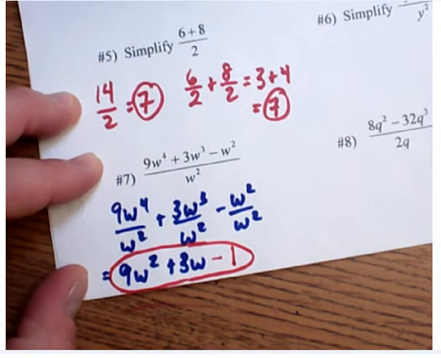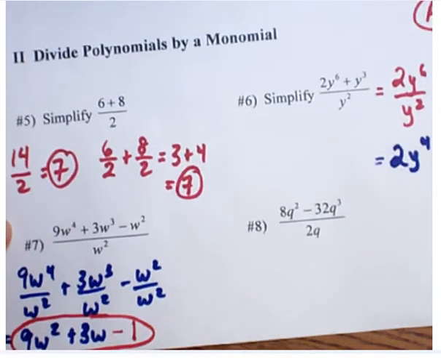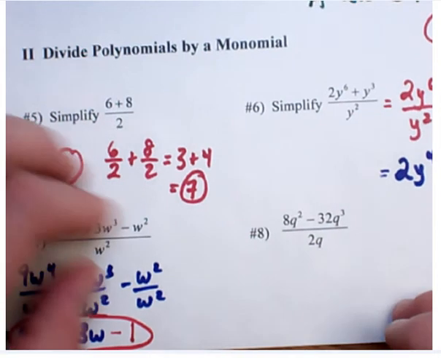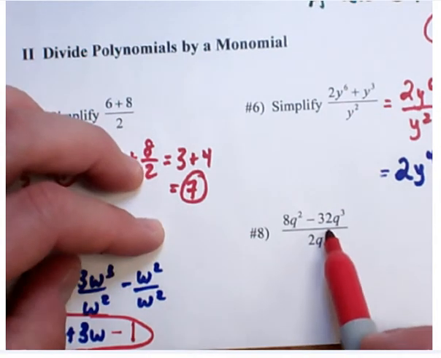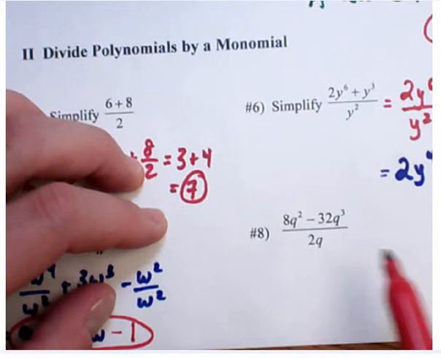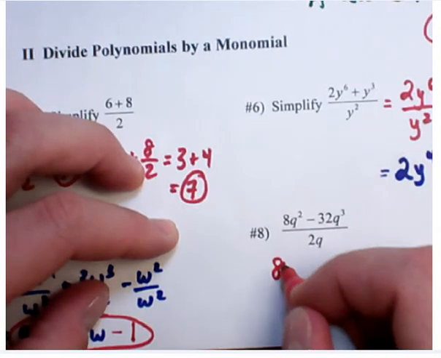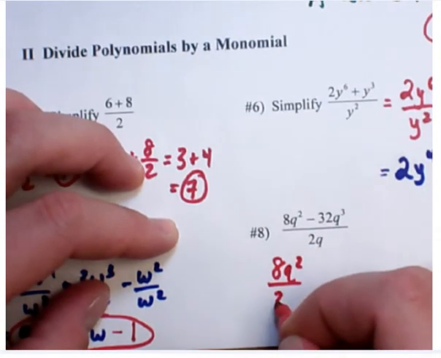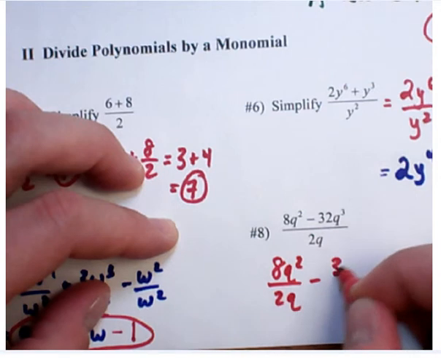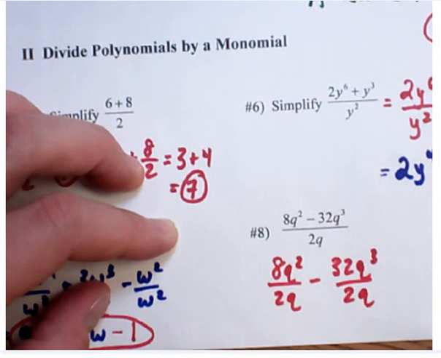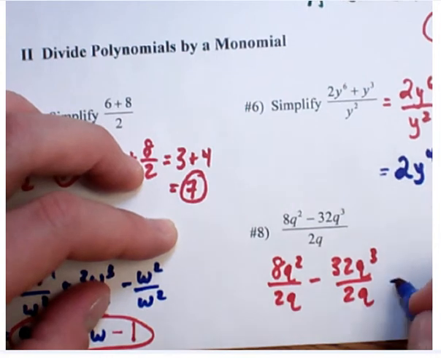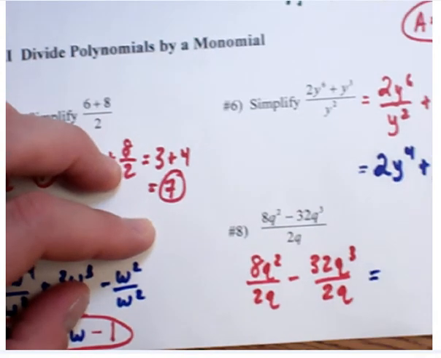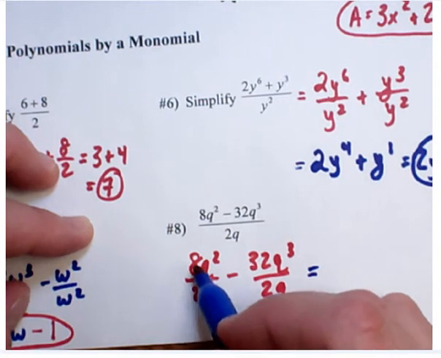Now, number 8, 8q to the second minus 32q to the third divided by 2q. Let's break it up. 8q to the second divided by 2q minus 32q to the third divided by 2q. Now equals, one thing at a time. 8 divided by 2 is 4.